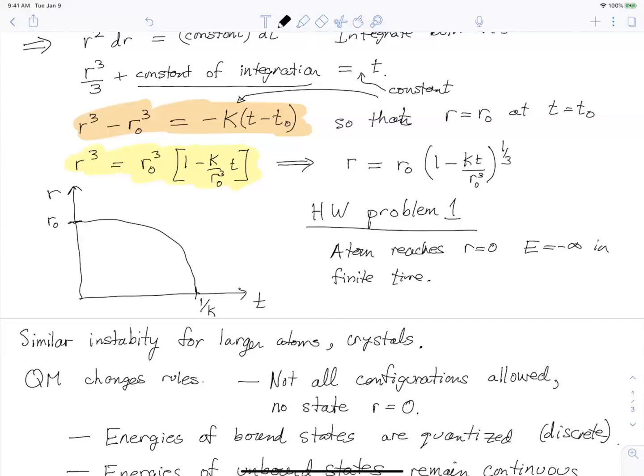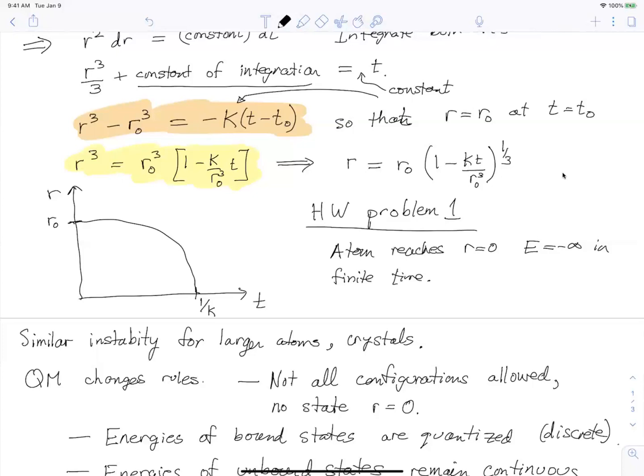Yeah, so this is a general thing: you should always believe what's in the notes compared to what I say in lecture, because in lecture I might drop a factor of 2, or in this case I think I've put in an extra factor of R naught cubed. Basically I've redefined my constant, so my constant K here is not the same K as in the notes.